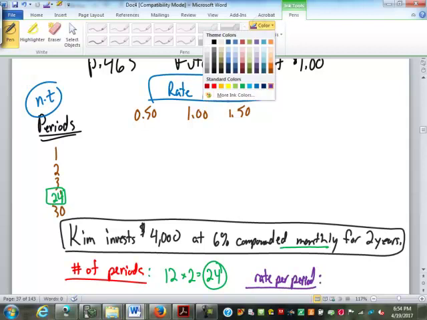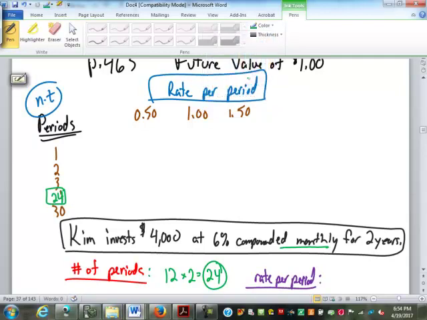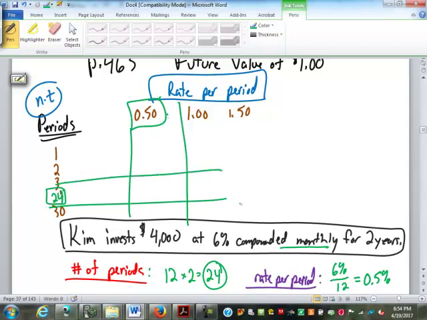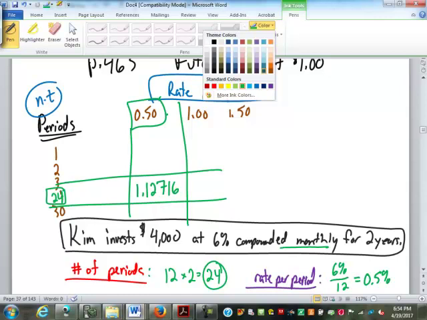My rate per period is going to be the 6% divided by how many periods in a year? 12. So that's 0.5%. So on top, we're looking at the 0.5%. We follow those down until they intersect, and we get 1.12716.